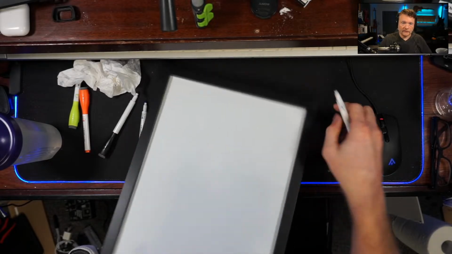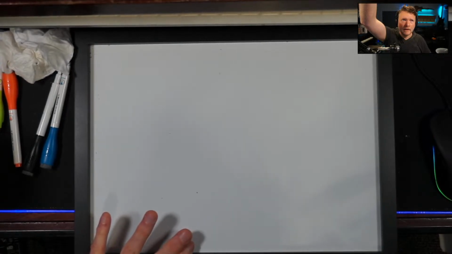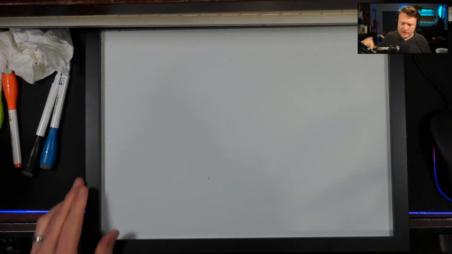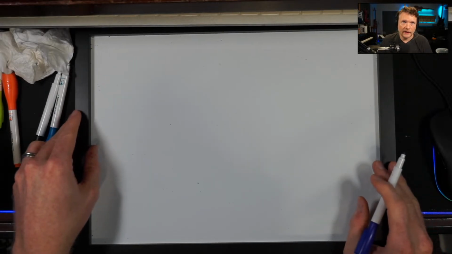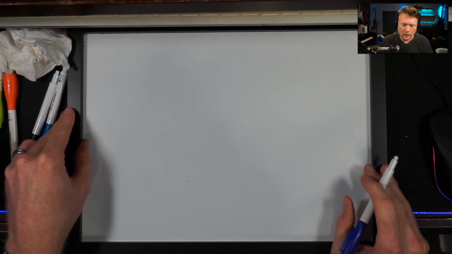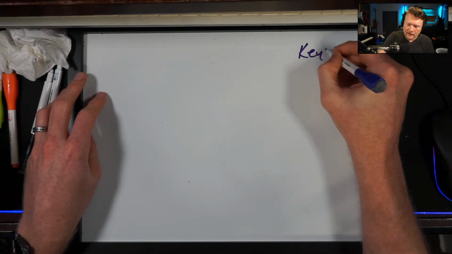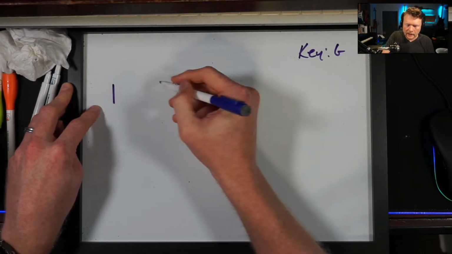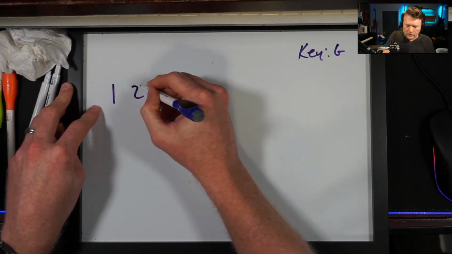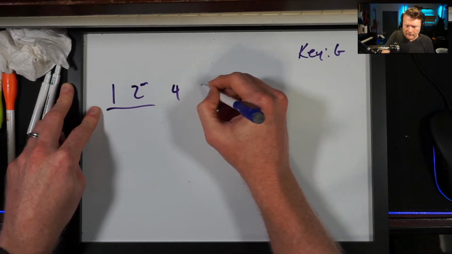So let me flip this around. Let me tell you what the number system is for those of you that don't know. Like on that chord chart I played before, which was in the key of G, I could write out that same thing: 1, 2 minor, underline it, 4, 5.